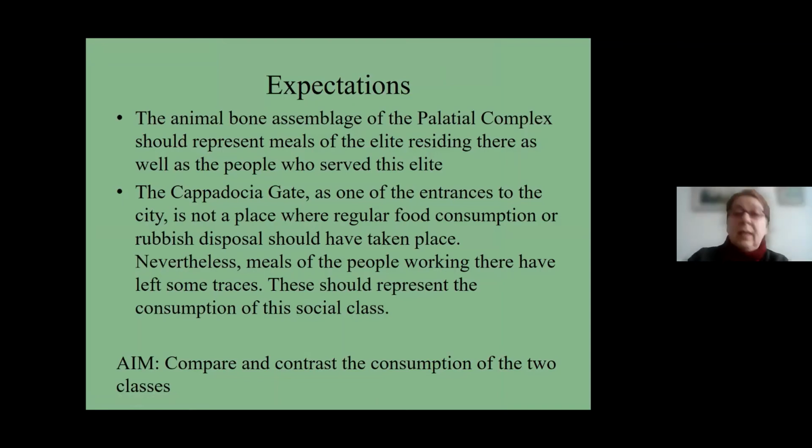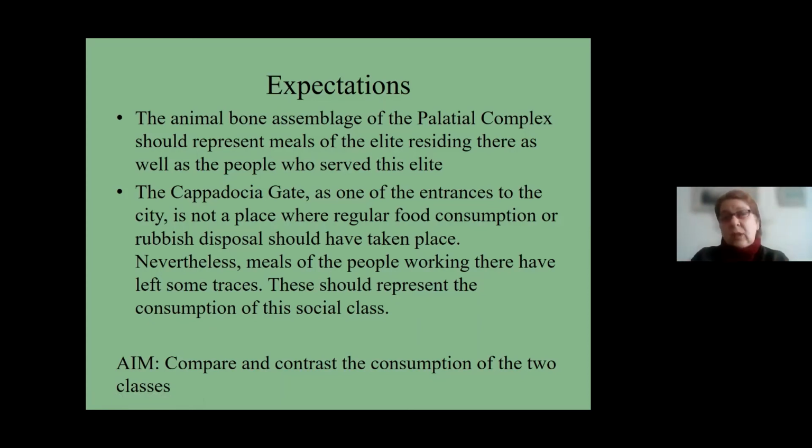But apparently there are some remains from the meals, obviously of the people who worked there, and specifically there is one trench, trench 27, where a closed context with a lot of bones and ceramics was found. According to the excavators, this represents the meals of the people who worked there on repair of the walls.